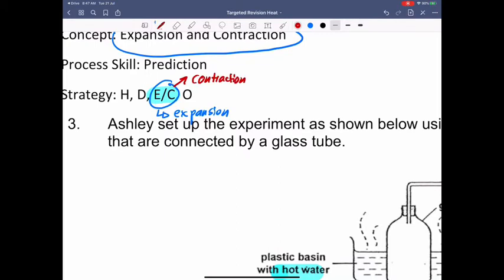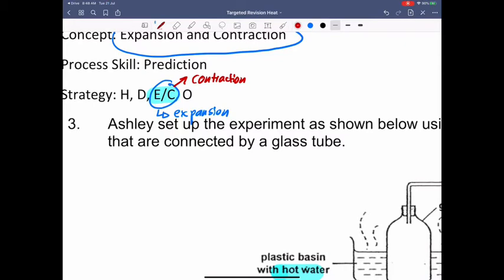So nothing very difficult. The reason why this must be added in is you need to tell me the process, correct? Whether it is expansion or contraction. When we talk about heat transfer questions on their own, this is not required.